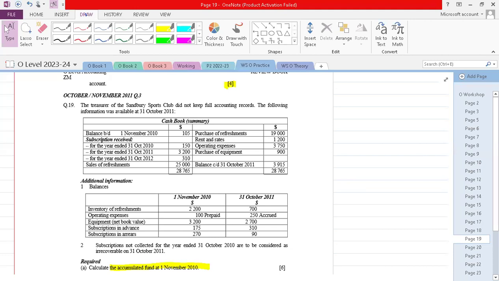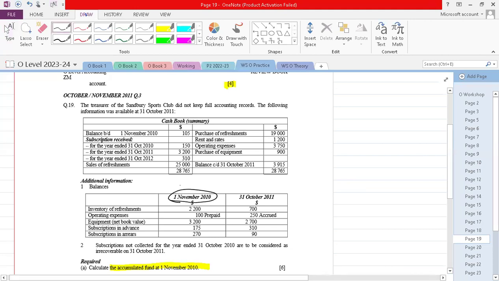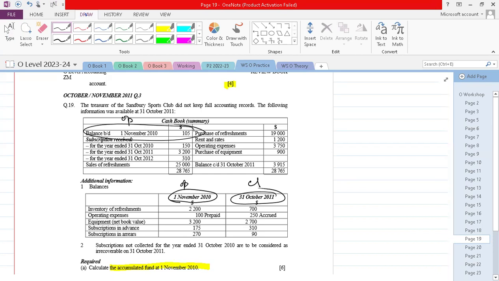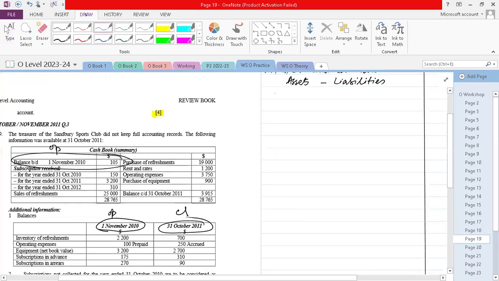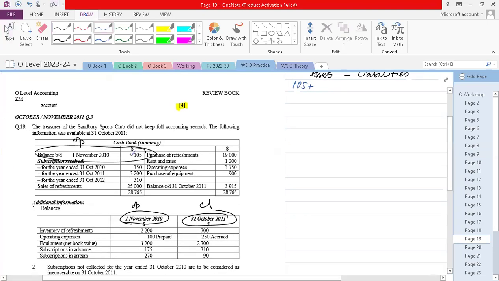Let me identify our starting balances. Here are the opening balances, these are the closing balances, and this is opening again. These will help us calculate accumulated fund at start. So 105 bank balance is our asset. Inventory is our asset. Operating expense prepaid is our asset. Equipment is our asset.